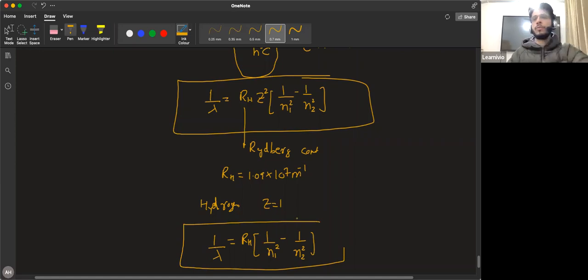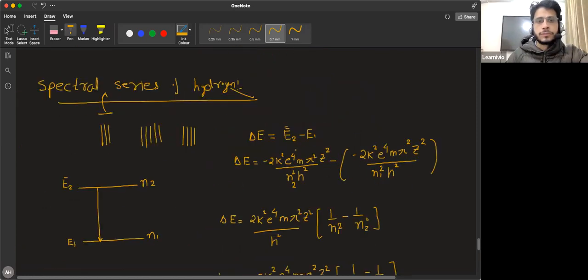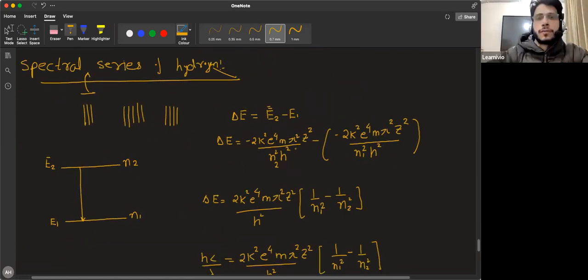This is the relation. 1 by lambda is Rydberg constant, 1 by n1 square minus 1 by n2 square. Please note it down. From this, we can form series like Lyman, Balmer, Paschen, Brackett, Pfund. We can form all series.